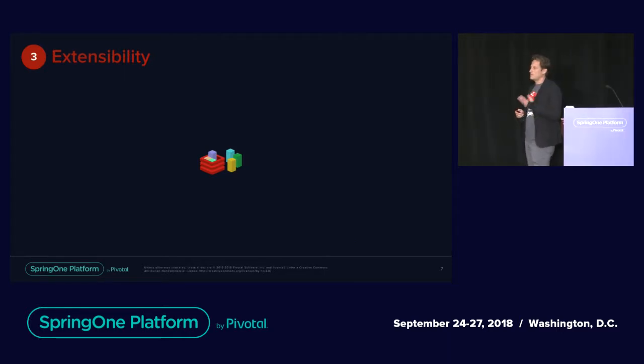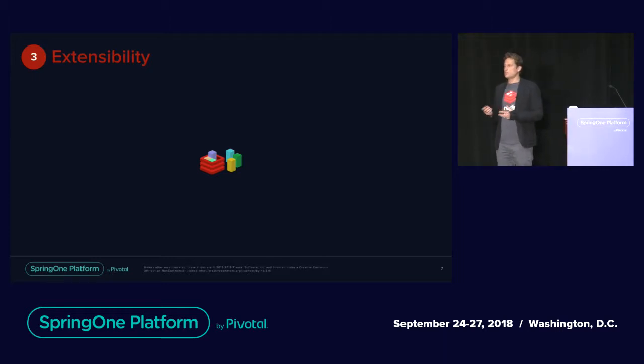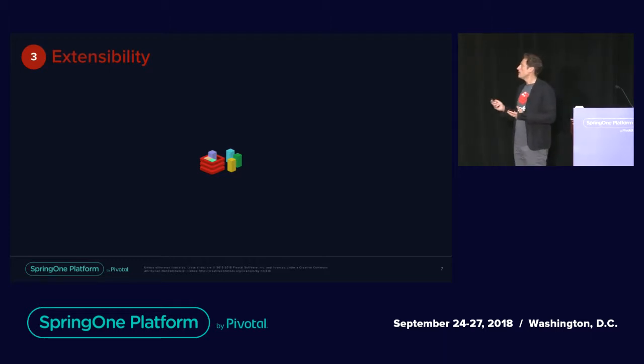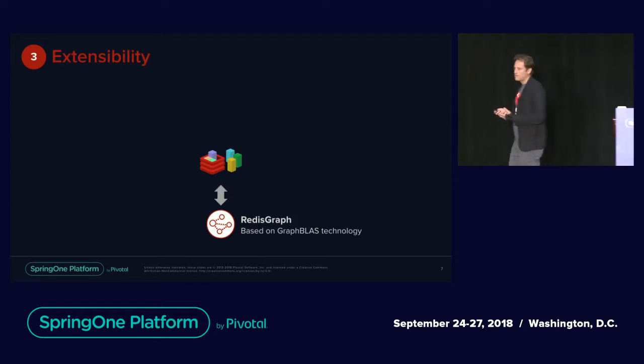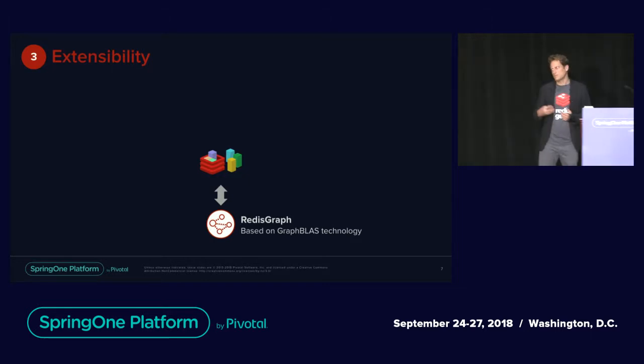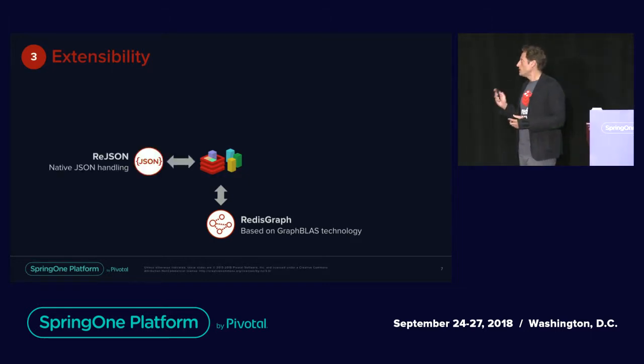The third characteristic of Redis that I wanted to highlight is extensibility. There's a Redis modules API that you can use to implement your own data structures and commands. This has been used by Redis Labs to offer a few modules that cater to different needs. One of them is RedisGraph. This one is based on GraphBLAS technology, using sparse matrices to compute entity relationships.